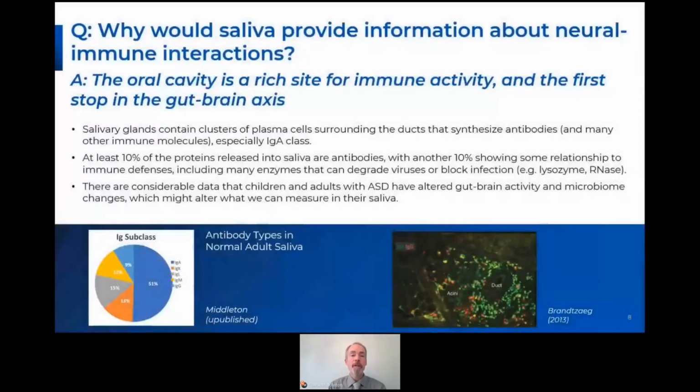In addition to the non-coding microRNAs, one of the things that saliva provides a window into is immune function. And one of the ways it does that is because it expresses many immune molecules.